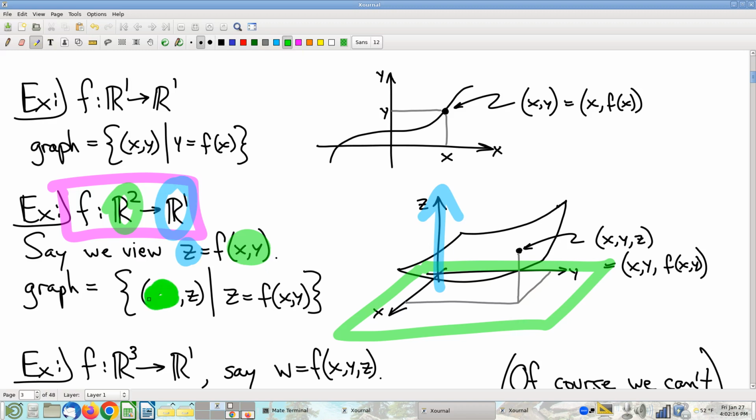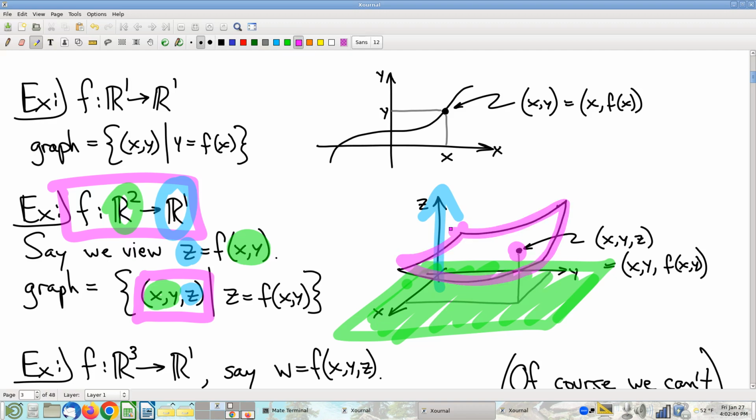Smashing them together, inputs x and y, output z, all together we get points that look like this, x comma y comma z, gives me a point up there in space. And if you consider doing that for all possible inputs, this entire plane of inputs, then you get an entire surface up there like that. That is your graph.